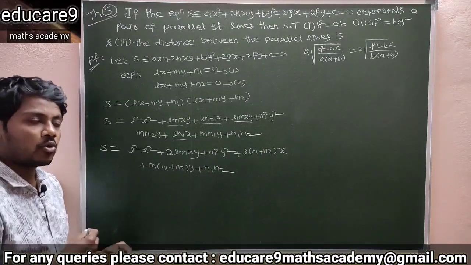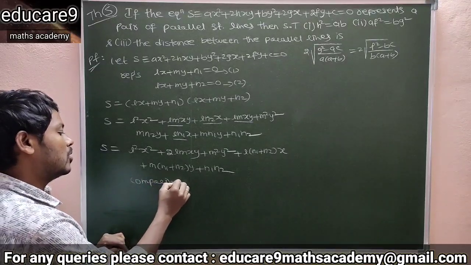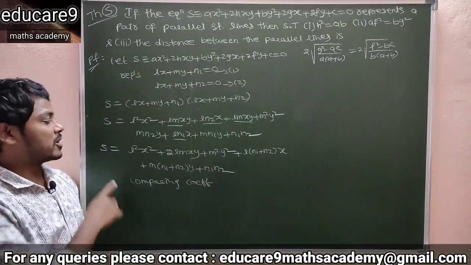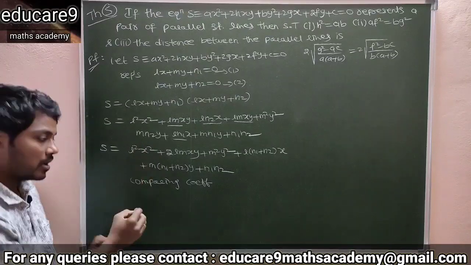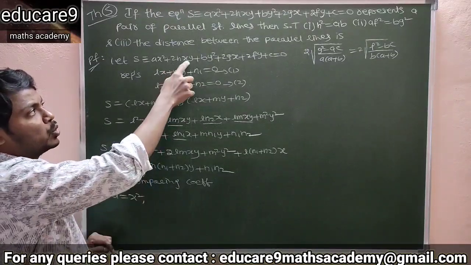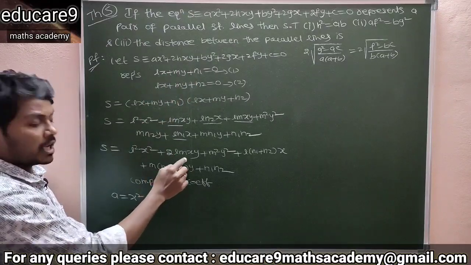Now comparing the coefficients. Once you observe this equation, ax², here l²x², so clearly a = l². Next, 2hxy: the xy coefficient is 2h, and the other xy coefficient is 2lm.